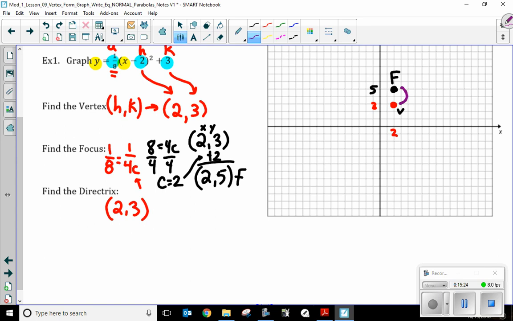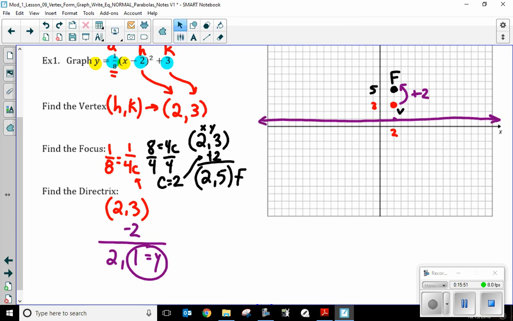If I added 2 to go up to find my focus, then I should subtract 2 to find where my directrix is. Now, that's just a point right here, but my horizontal line should go through that point. So my directrix should be at y equals 1. It's a line, not a coordinate.